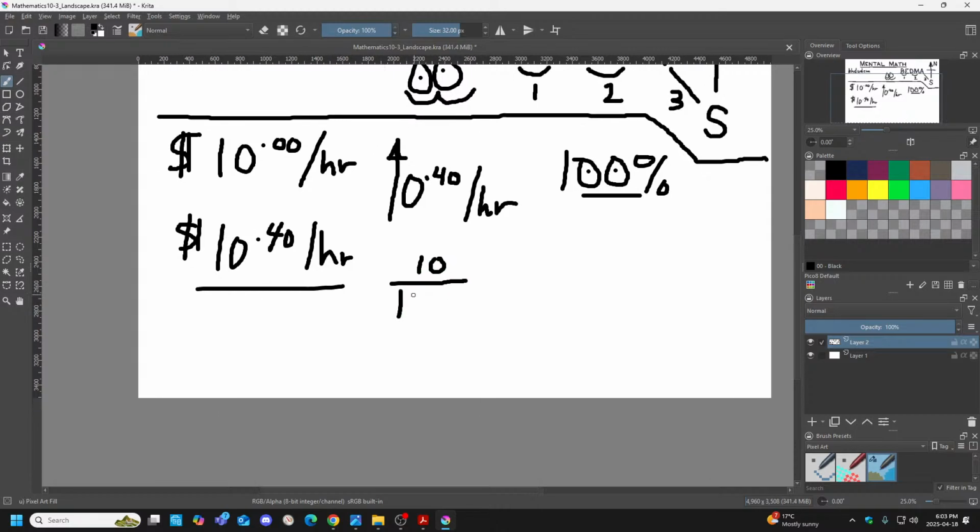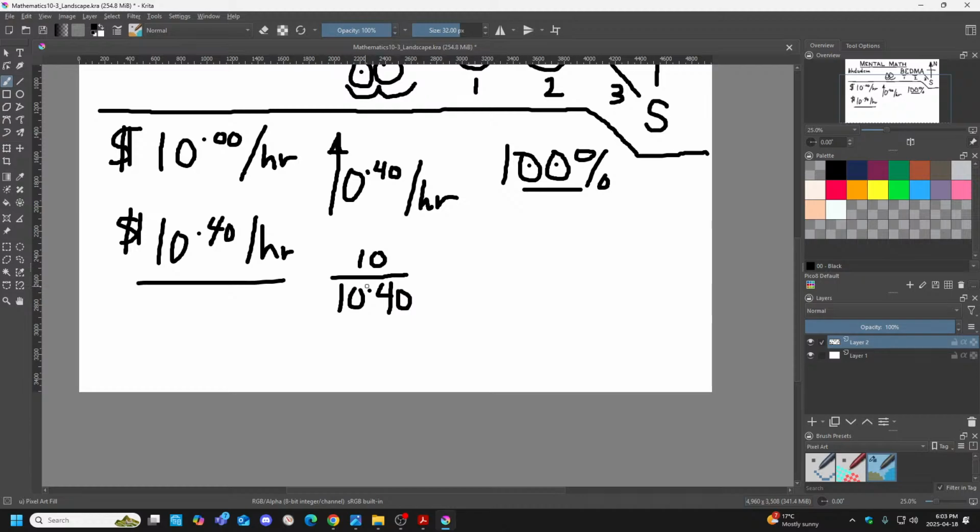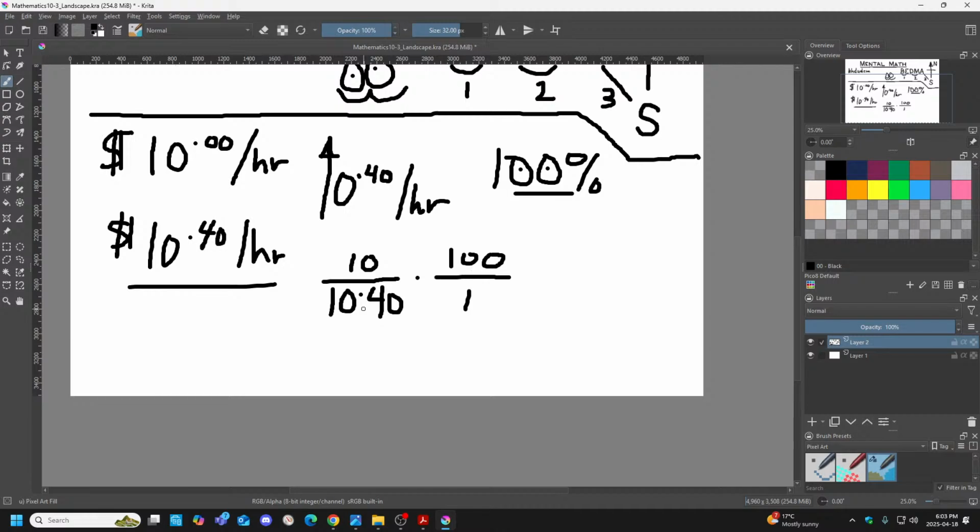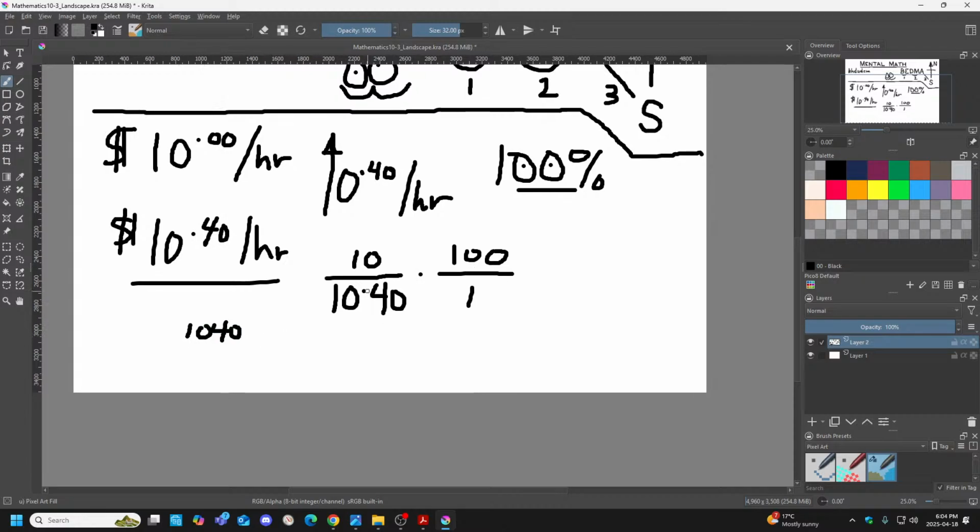It's going to be a lot of long work. Doing this kind of stuff is a lot simpler. We have to multiply by 100 over 1 when you're working with just whole numbers, right? The other way of doing this is just pretend this is 1,040. That's why I ignore the decimal. Think of it as 1,040.